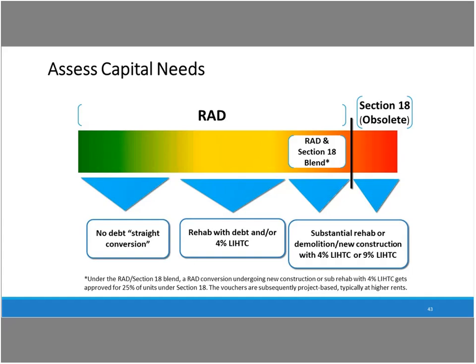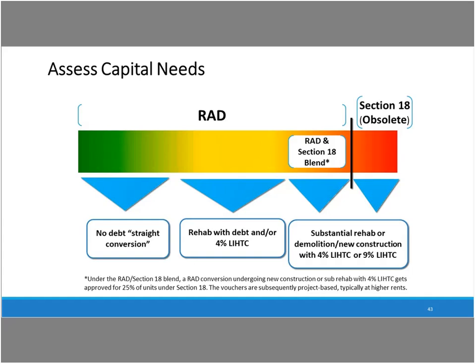As you continue up the capital need barometer, you're doing more work, so you potentially need more capital, and that more capital can come in the form of additional debt, which is supported by the use of tenant protection vouchers or the revenues that come with a tenant protection voucher, augmenting your revenue, either through the RAD Section 18 blend, the 75-25, or if you're able to prove obsolescence, a 100% TPV building, which has all rents at the index to the FMR, and then blending that with either 4 or 9% credits.